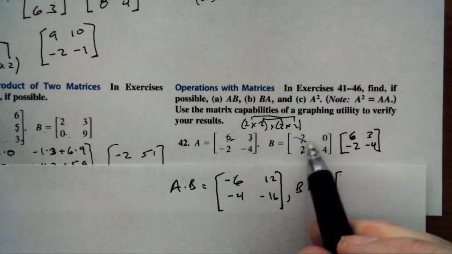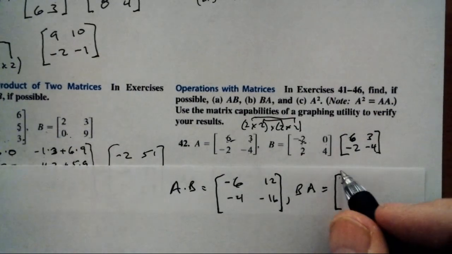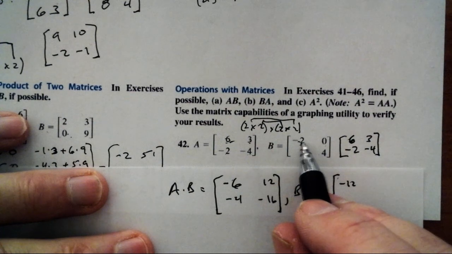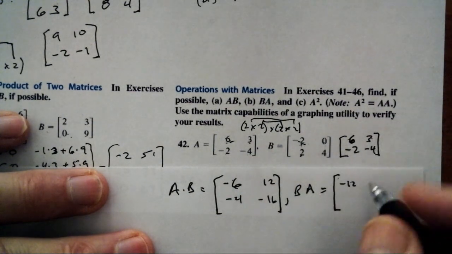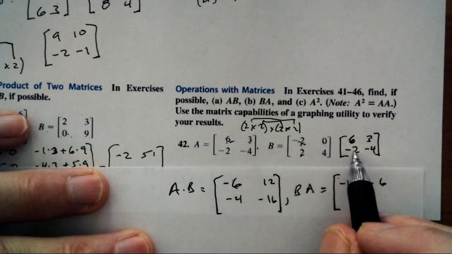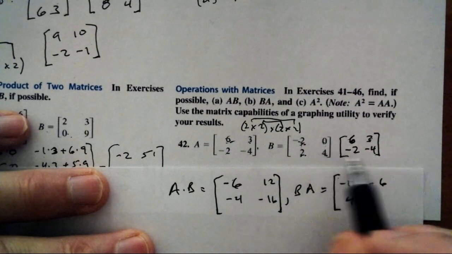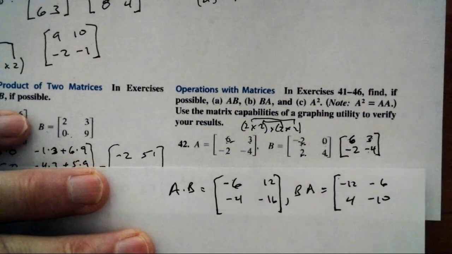We get -12 and 0. Row 1, column 2, -6 and 0. 12 and a minus 8, 12 minus 8, 4. 6 and a minus 16, negative 10.